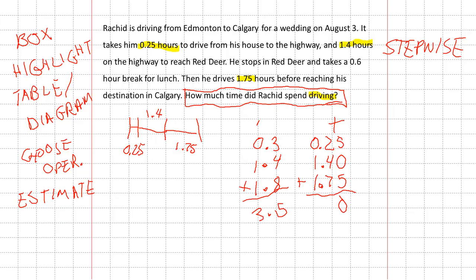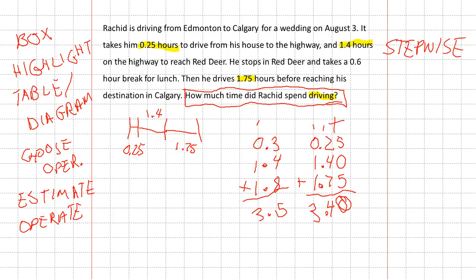We carry the 1. 1 plus 2 plus 4 plus 7 is 14. Carry the 1. 1 plus 1 plus 1 gives me 3.40. Good. So we performed the operation. We didn't have to really worry about the order because it was a single step.